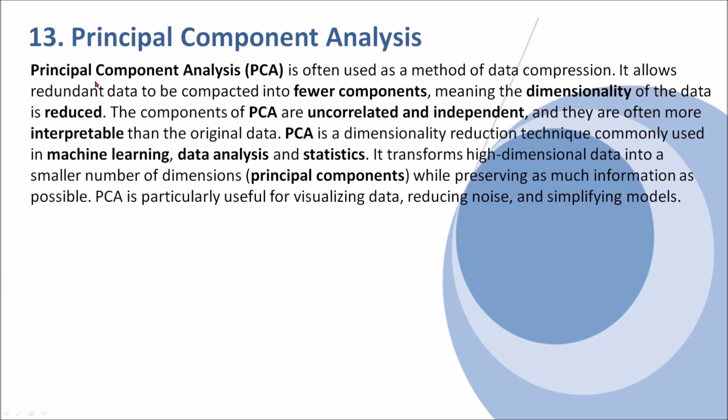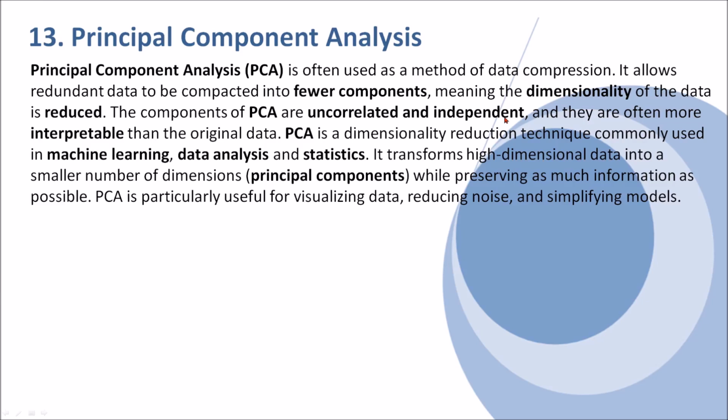Namely, principal component analysis, PCA, is often used as a method of data compression. It allows redundant data to be compacted into fewer components, meaning the dimensionality of the data is reduced. The components of the PCA are uncorrelated and independent, and they are often more interpretable than the original data.